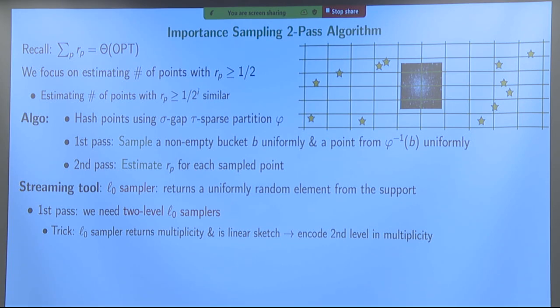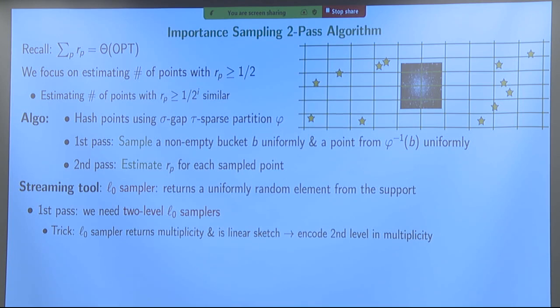The second level are also L0 samplers. So the first level samples a bucket, and the L0 sampler for this bucket gives us the point. The reason it works is that these L0 samplers are linear sketches, and with some thinking you can make it work.